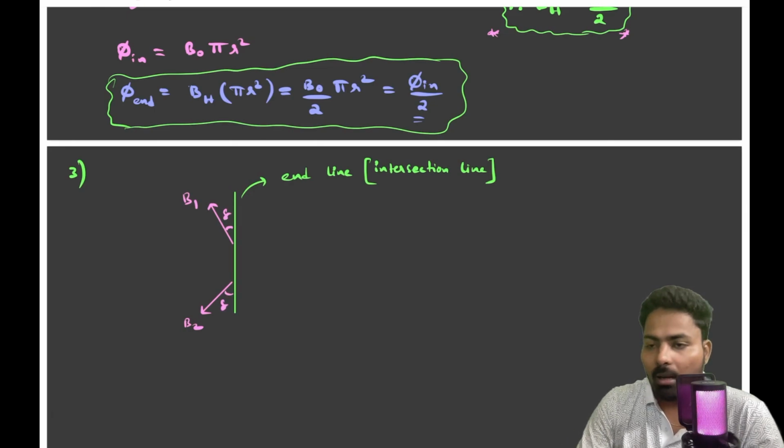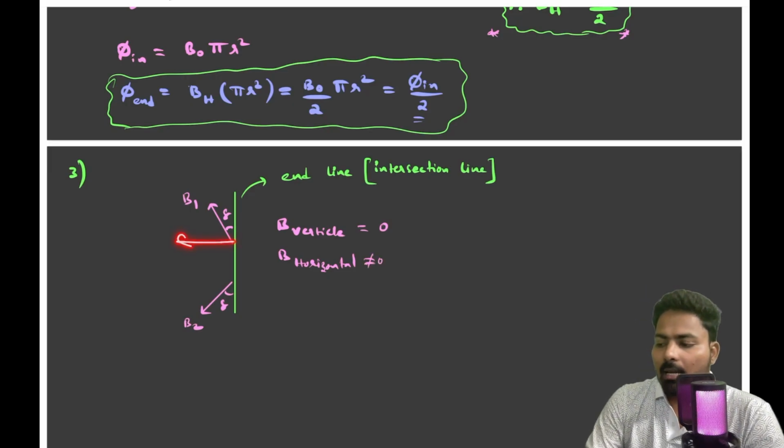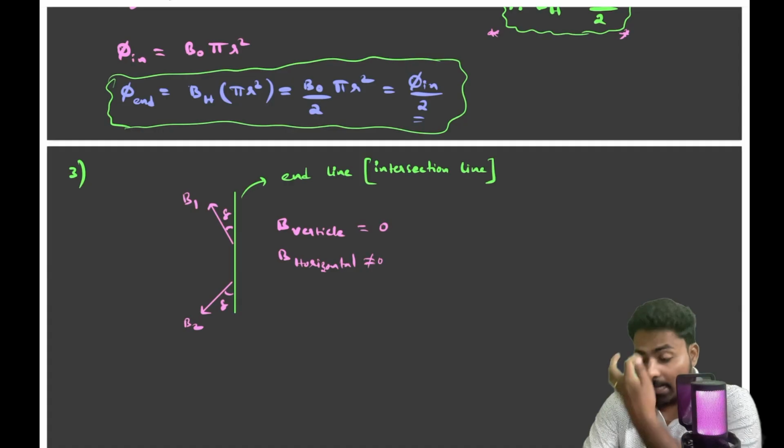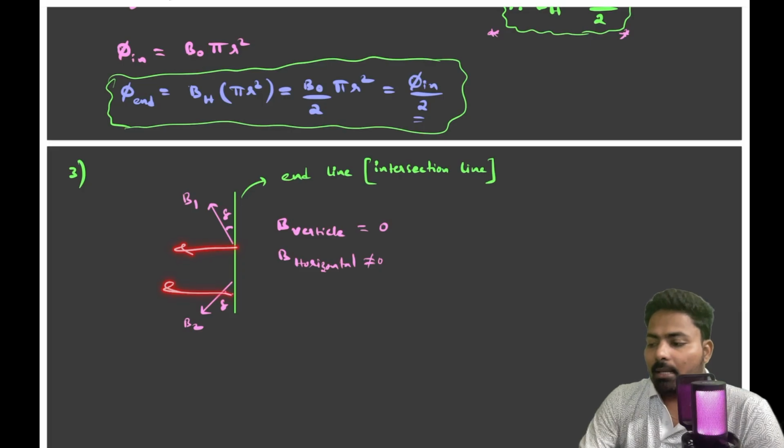So here b vertical will be equal to 0, but b horizontal is not equal to 0, right? Because b1 sine delta and b2 sine delta both will be added up, so b horizontal is not becoming 0.